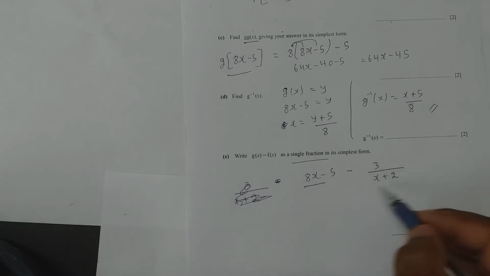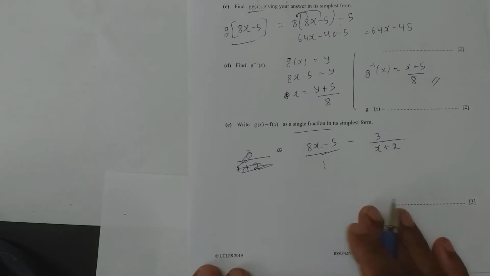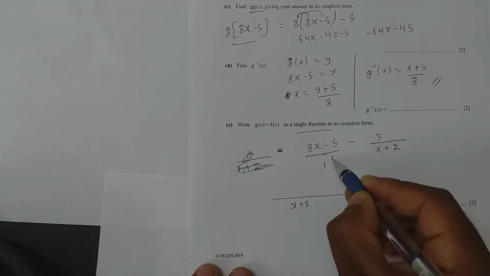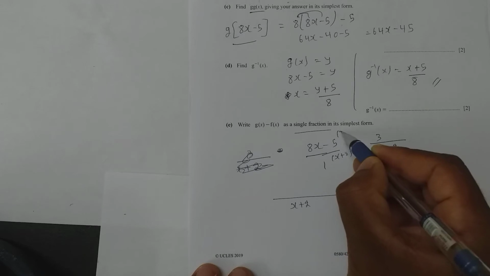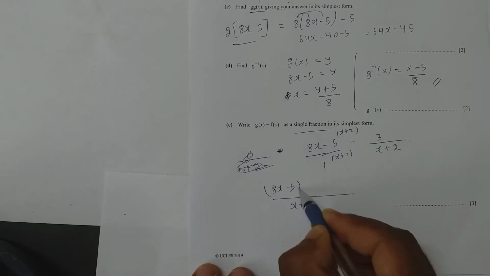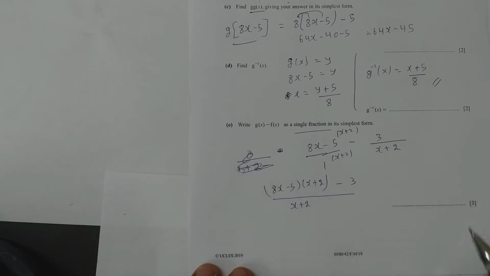This is g of x, this is f of x. Next, LCM I need to take. What will be the LCM? X plus 2. So here also x plus 2, here also x plus 2. So it becomes 8x minus 5 into x plus 2. Here I don't need to multiply, so minus 3. So next line, x plus 2.